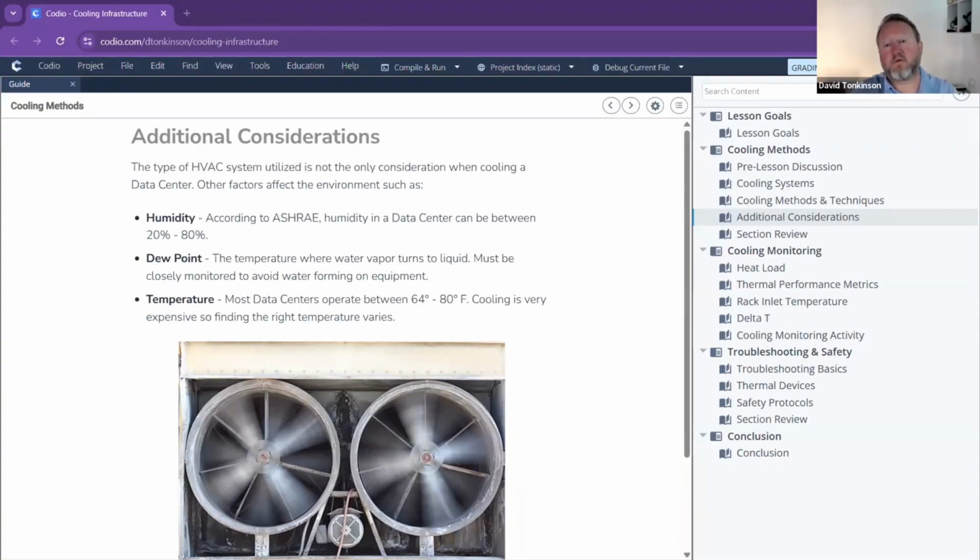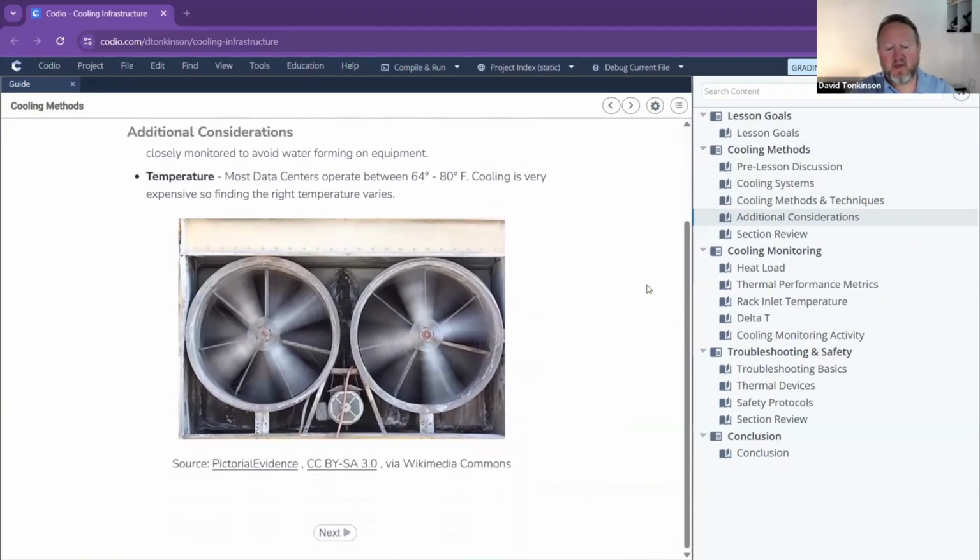We need to avoid water forming on our equipment. We love water for cooling. We hate water for getting in our electrics. Most data centers run between 64 and 80 Fahrenheit. So cooling is very expensive. So really we need to find the right temperature and the right way to go about that.